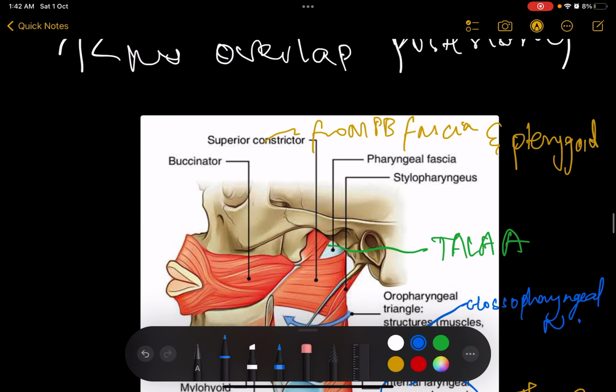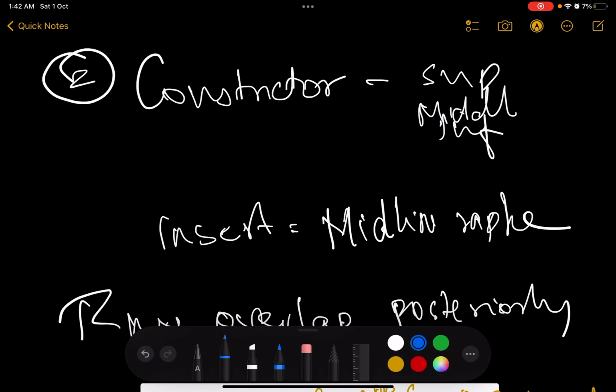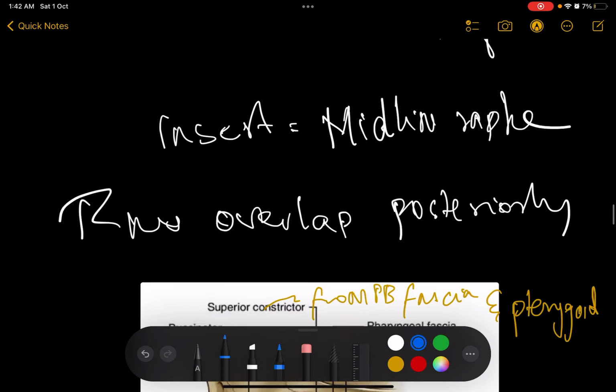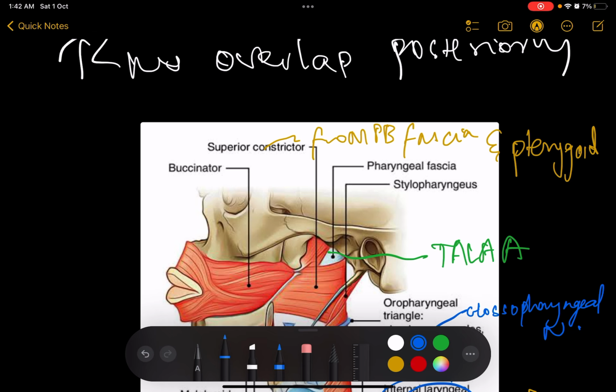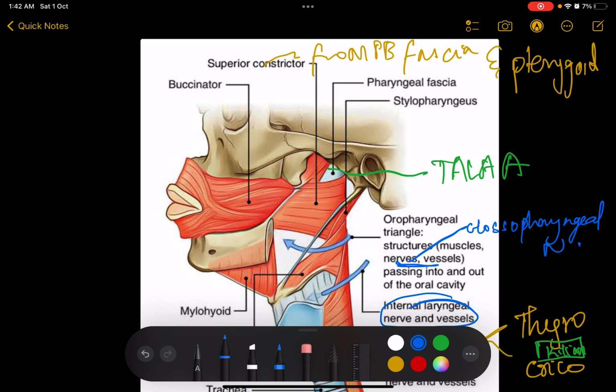So laterally there are a lot of deficient spaces, and a very important thing is that the insertions and origin of each of these muscles are from the midline fibrous raphe. They attach at the midline fibrous raphe, and these muscles also give space to certain structures to allow them to pass. For instance, the superior constrictor actually comes from the pterygoid and the pterygomandibular raphe, and pharyngobasilar fascia.